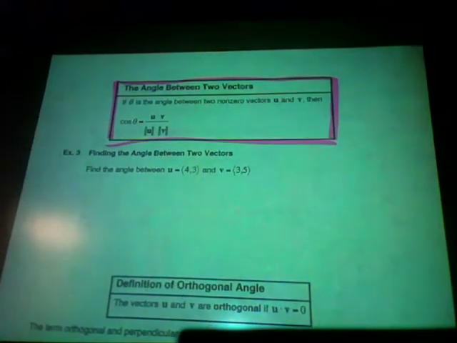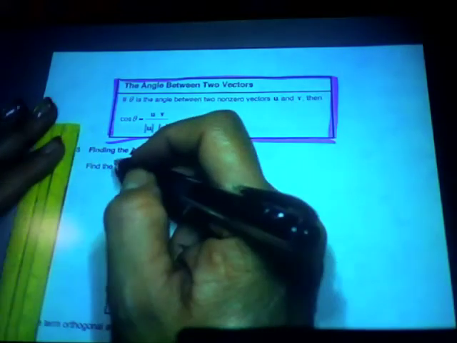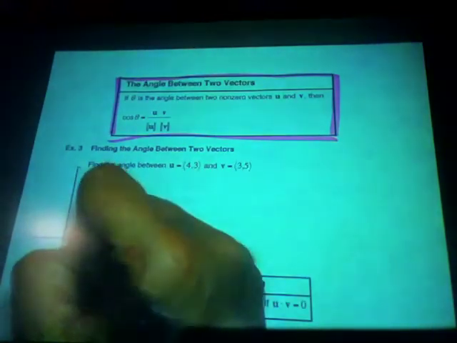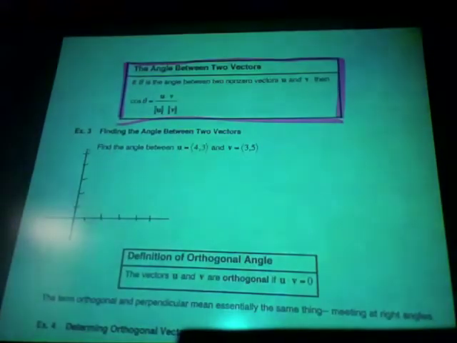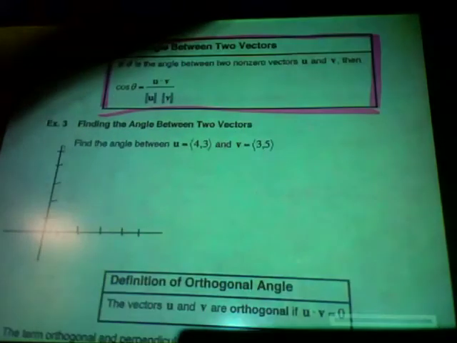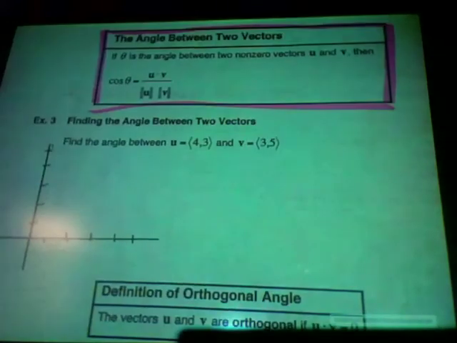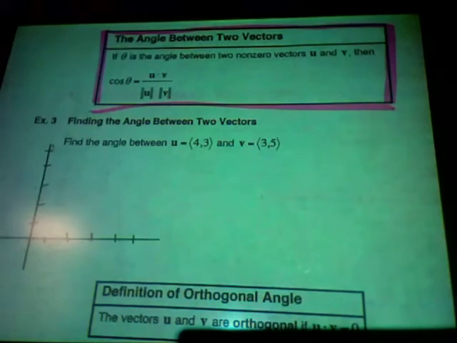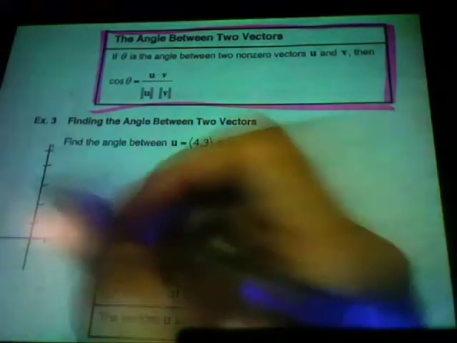So we're going to draw a picture of what's going on here. I'm going to draw a lovely straight line. And all of this is in the first quadrant, correct? So make your axes mostly in the first quadrant. The first thing I'm going to do is plot my vectors. I'm going to start off with 4, 3.